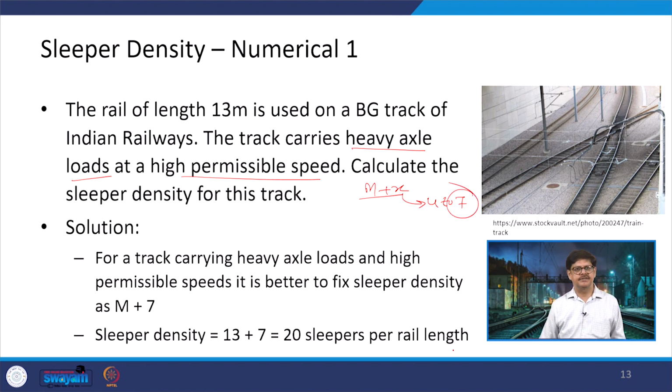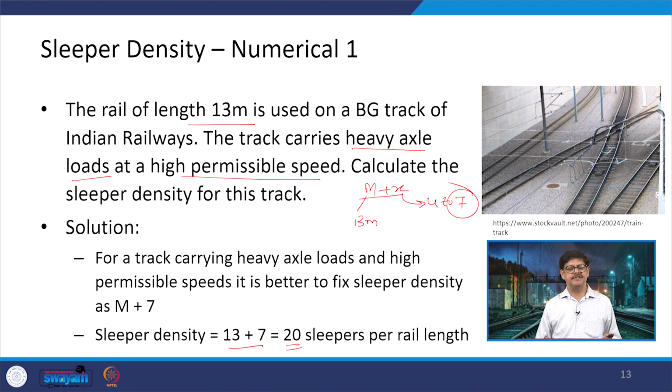For a track carrying heavy axle loads and high permissible speeds, it is better to fix sleeper density as m plus 7, and the length of the rail is given as 13 meters. That means m is 13 meters and x is taken as 7. So, 13 plus 7 is equal to 20. That means 20 sleepers per rail length are going to be provided in this case.